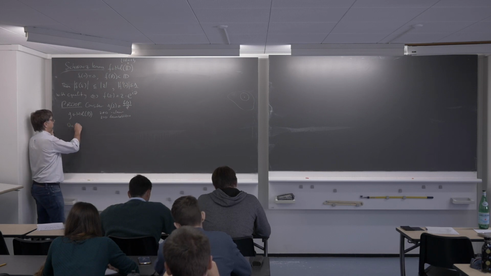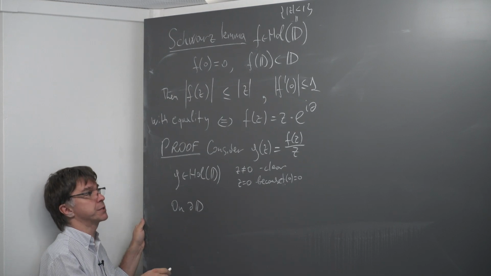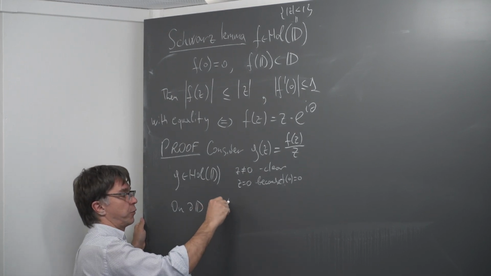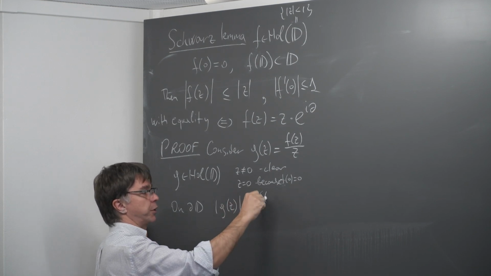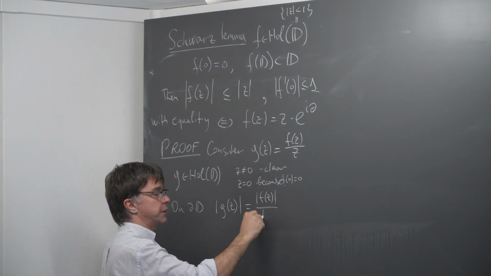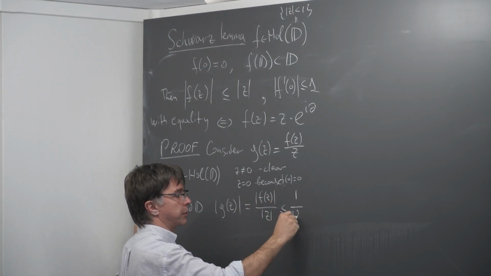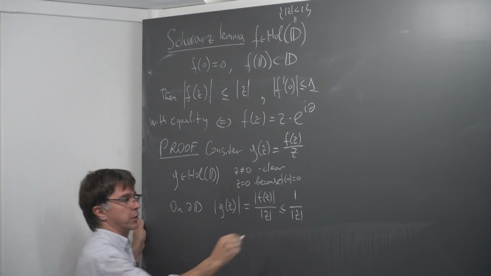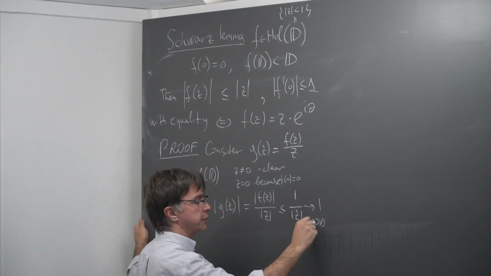Now, on the boundary of the unit disk, or when you approach the boundary of the unit disk, the absolute value of g of z is equal to the absolute value of f of z over z. So it's no more than 1, which tends to 1 if z tends to the boundary of the unit disk.